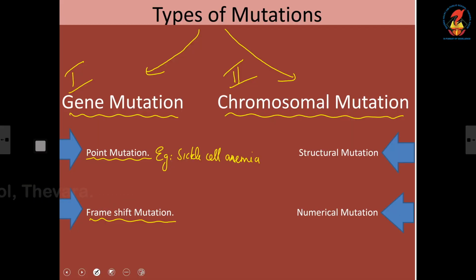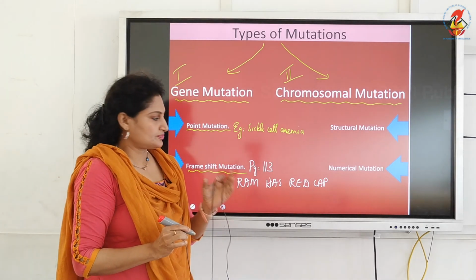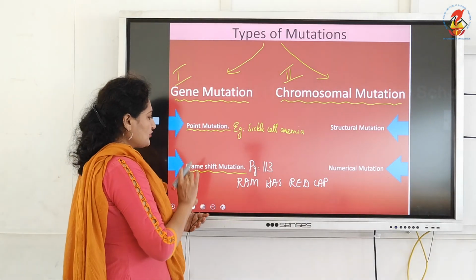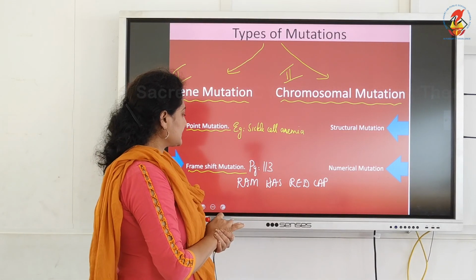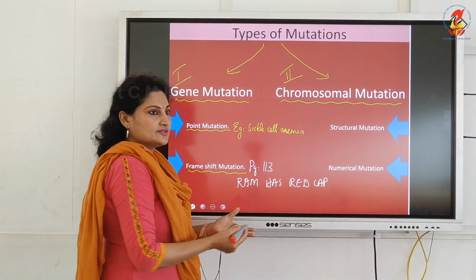Next, frame shift mutation. We have learned this, which is on page 113. We learned it with an example or an exercise. Ram has red cap. So we took such a sentence because we know that codons are a triplet basis. So now what we have analyzed that time when we did this exercise, when one or two bases are deleted or added.